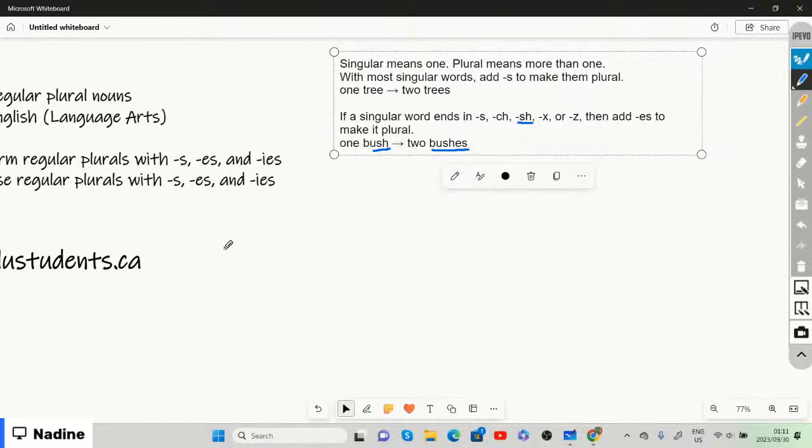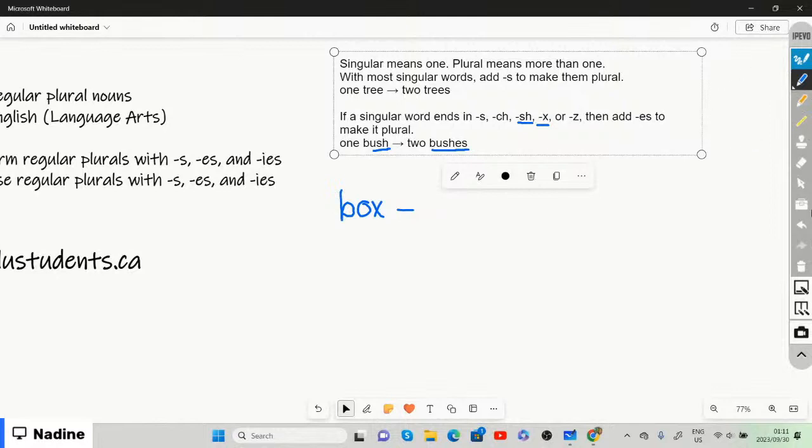All right, so if we think of more words that end in S, CH, SH, X, or Z, for example a word that ends in an X, like box.